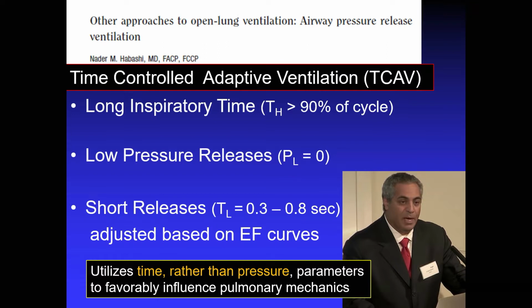So long inspiratory times at relatively high CPAP pressures punctuated by very rapid releases. APRV is essentially CPAP plus releases. And in TCAV, specifically time rather than pressure parameters are utilized to favorably influence pulmonary mechanics.